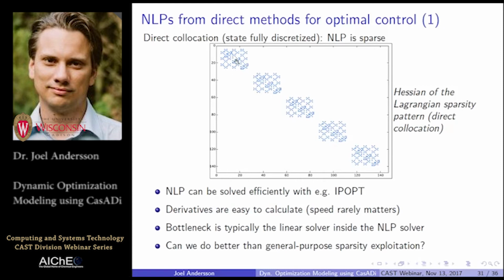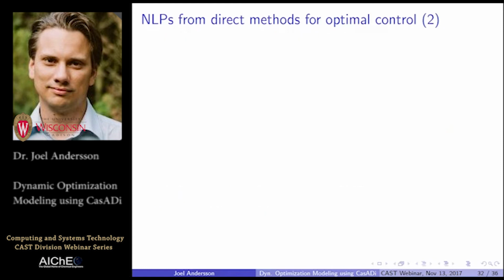And this is even more the case in the context of direct multiple shooting, because there these blocks are not just sparse, they are block sparse. You can have these dense subblocks with a lot of non-zeros, and these general sparse linear solvers are not very efficient at handling that type of problem.